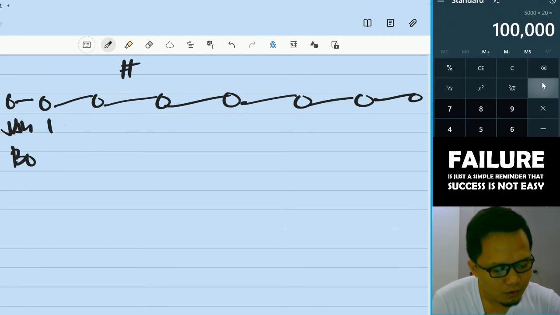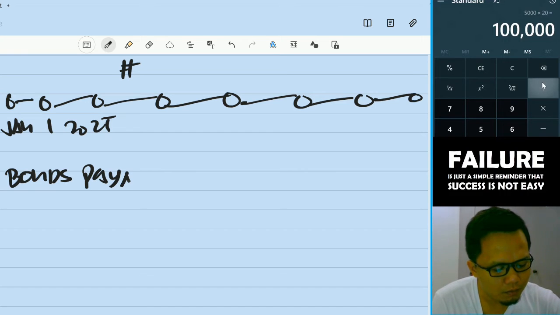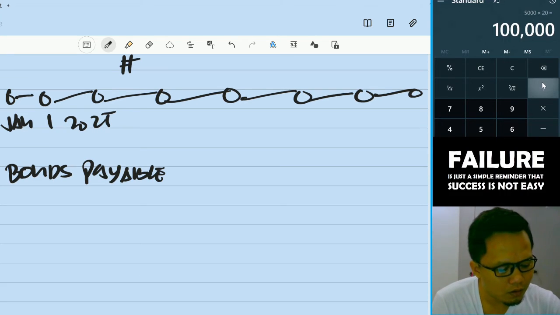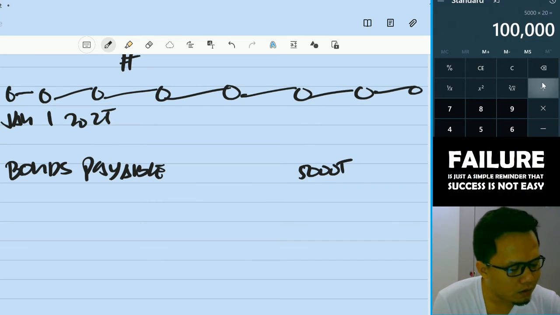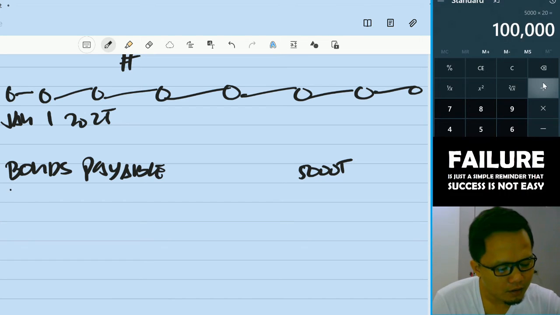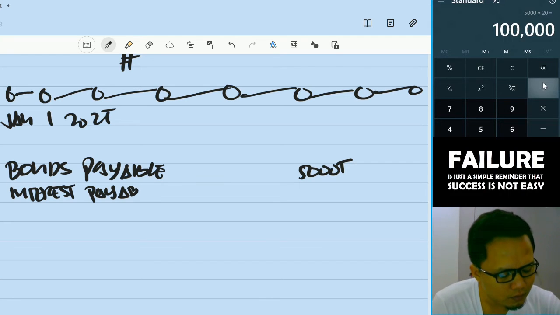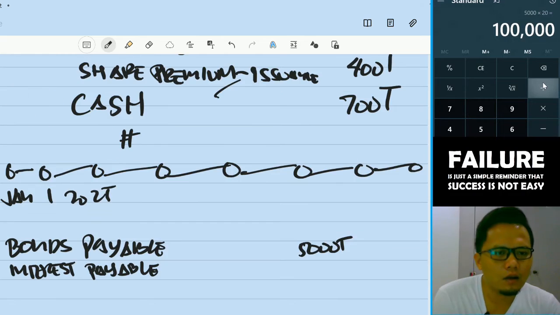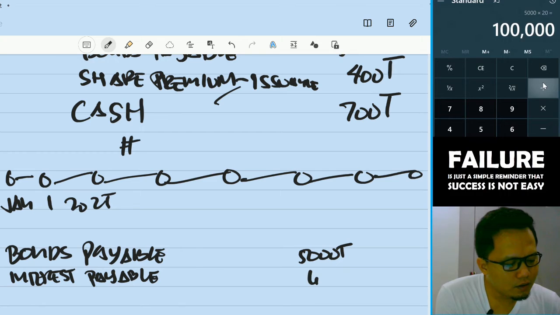So, how will we recognize it? Obviously, on January 1, 2025, debit bonds payable at 5 million. Next, debit the accrued interest, which is interest payable, at how much was that? 600,000.